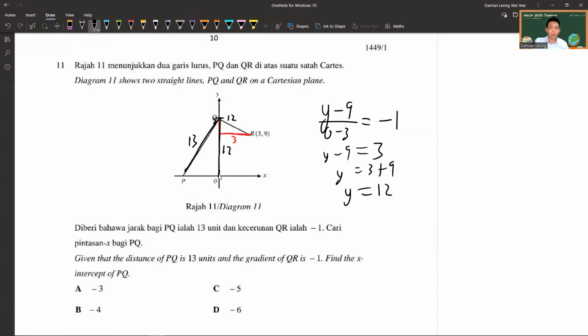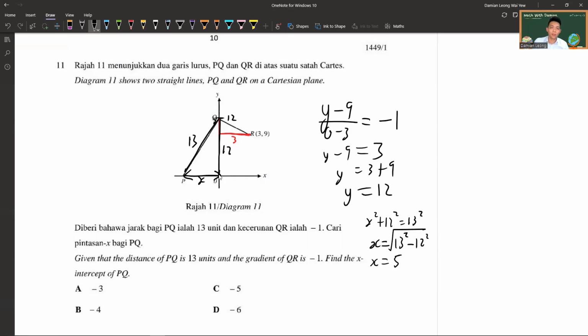This length is 13. So I can find this length. We call it x. So x squared plus 12 squared equals 13 squared. So to find x, it always equals the square root of hypotenuse square minus opposite square, the square root of 13 square minus 12 square, which is 5.